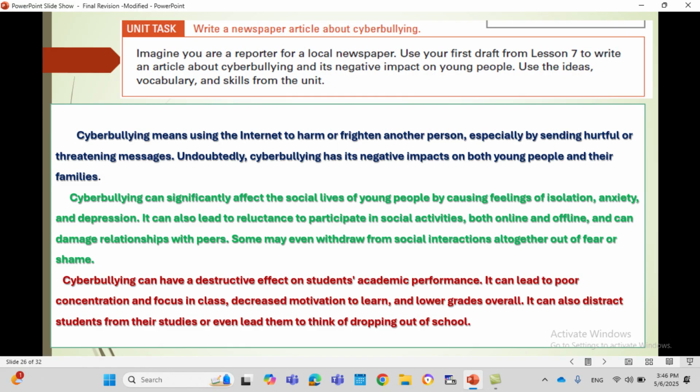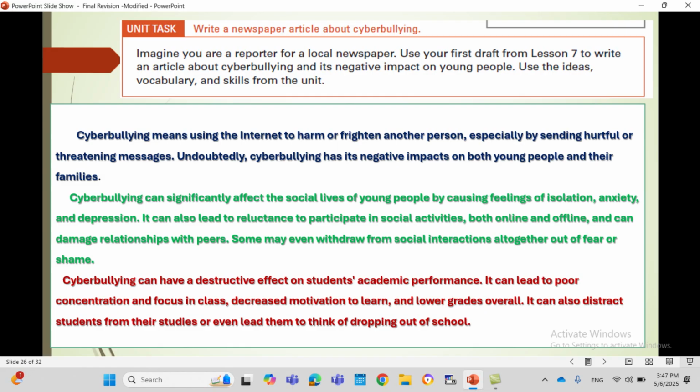Cyberbullying can have a destructive effect on students' academic performance. It can lead to poor concentration, and poor here means weak concentration. Someone who is threatened by a cyber criminal does not have full concentration or focus in class, decreased motivation, you don't have any desire to learn, and lower grades overall.